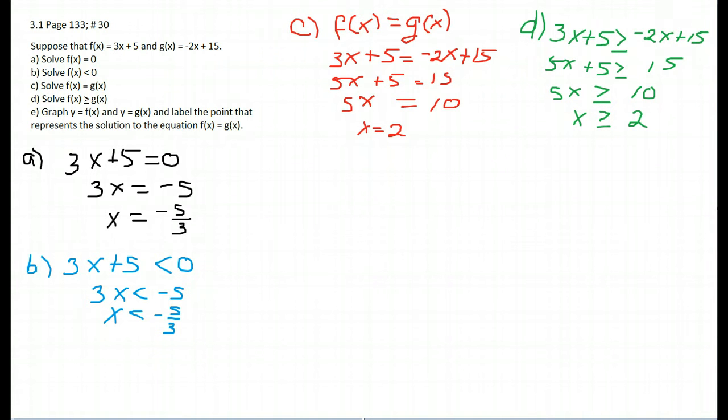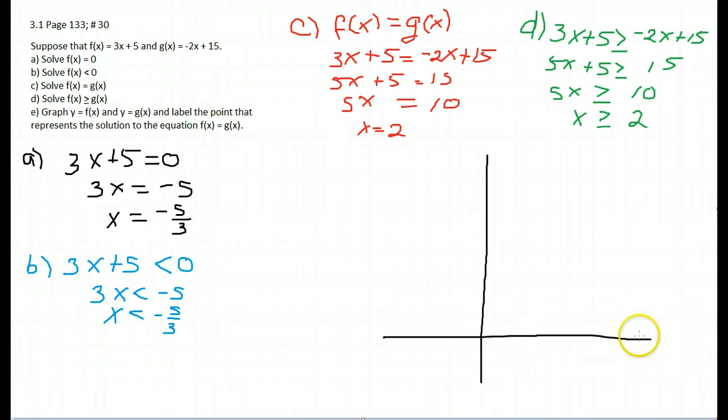Part E, we are going to graph our equation, both f of x and g of x. And we will then label the points where they cross. Now, since all of these seem to be positive, we don't need much room down below there. Let's see. 1, 2, 3, 4, 5, 6.